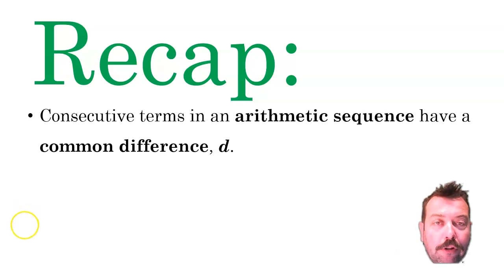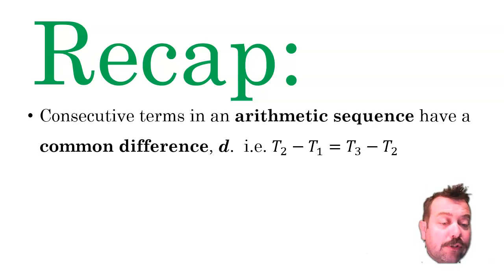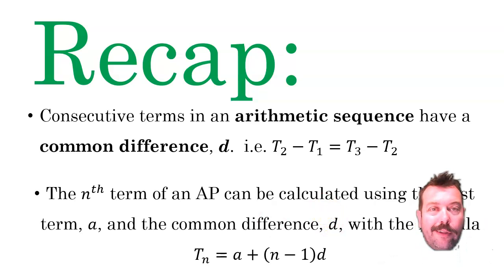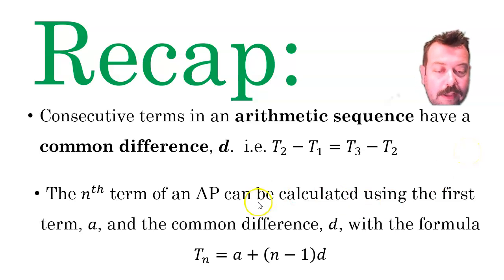If they don't, it's not an AP. We could demonstrate that by finding that difference in more than one place. Also, we've introduced this formula, that the nth term is calculated using this formula.